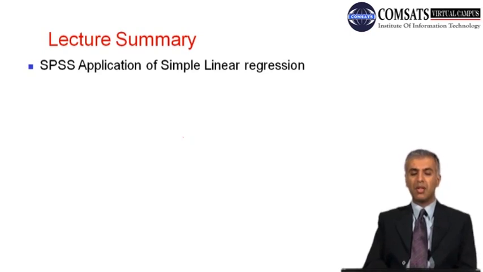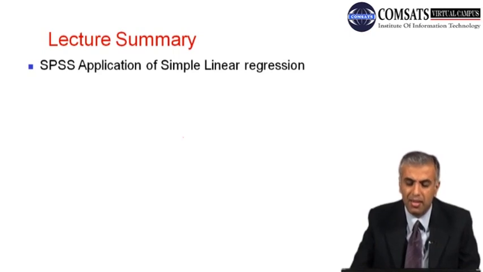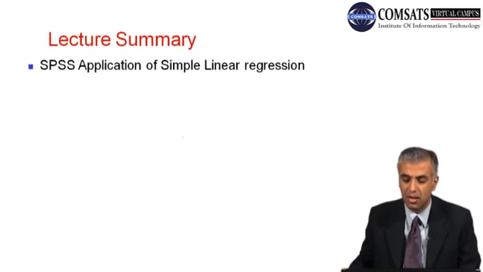Then we took the second example, in which we tried to find the relationship between album sales and the advertising budget, and it was quite evident that there is a positive relationship.